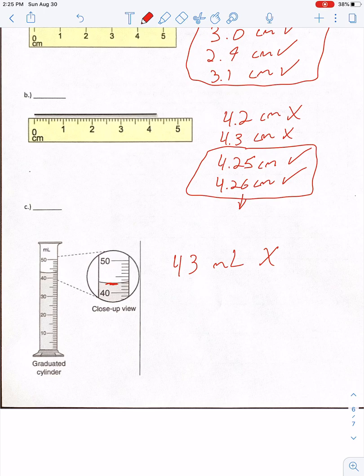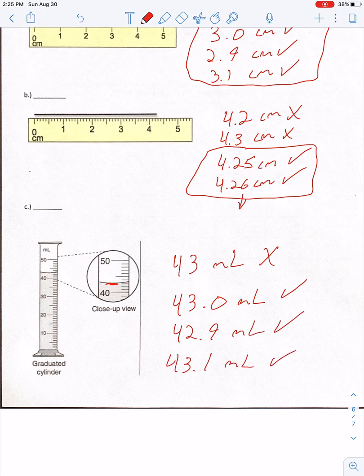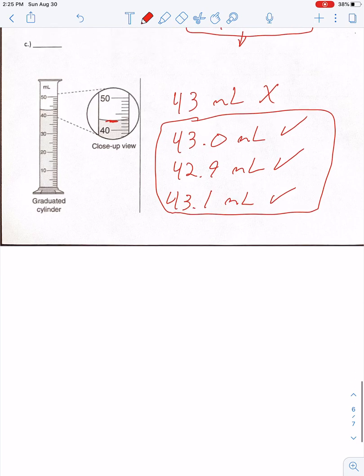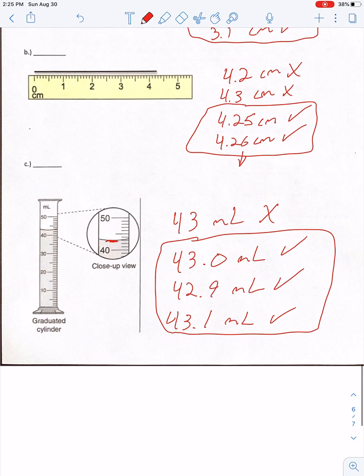I can't see the tenths place in between that. So if you think it's 43 on the dot, put 43.0. That would be correct. If you do not think it's that, you could say it's 42.9. That'd be fine. You could say 43.1. Again, there is room for interpretation on that, but the key thing is I took it one decimal place further than I can see. Okay, and that is it for the review.